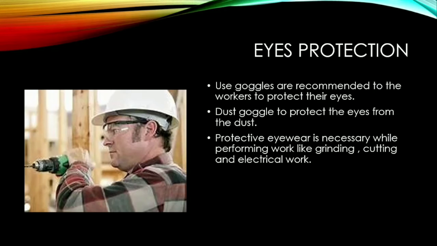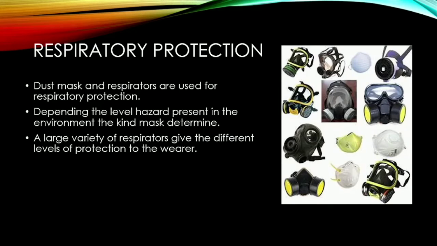Next, we go to respiratory protection. Respiratory protection is like a mask for the workers. The first mask is the dust mask. Respirators are used for respiratory protection. These masks depend on the level of hazard present in the environment, which must be determined.